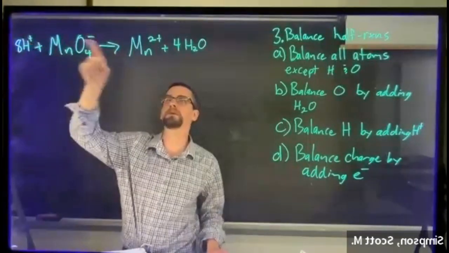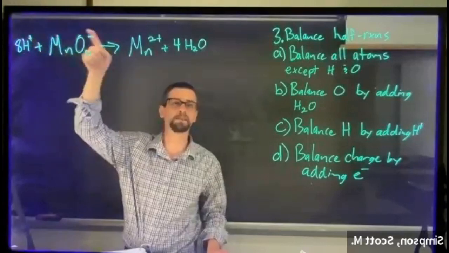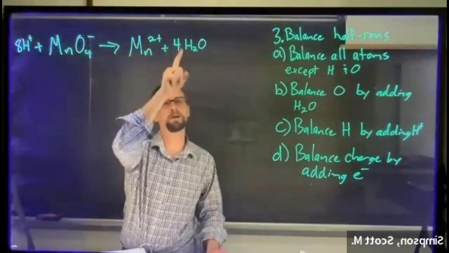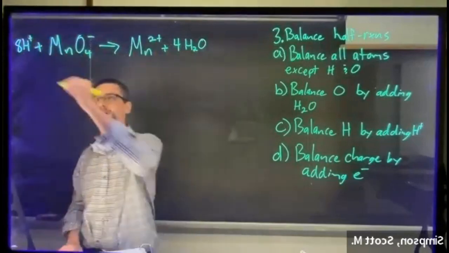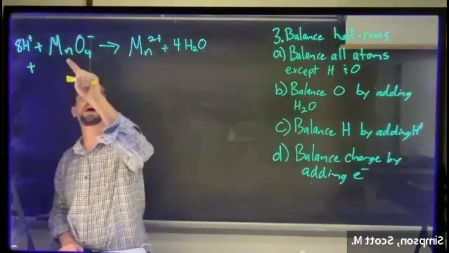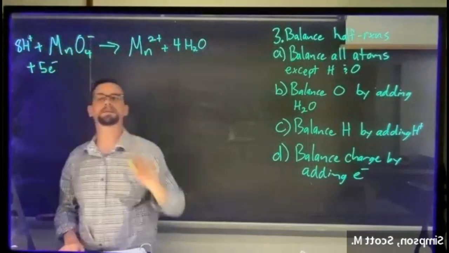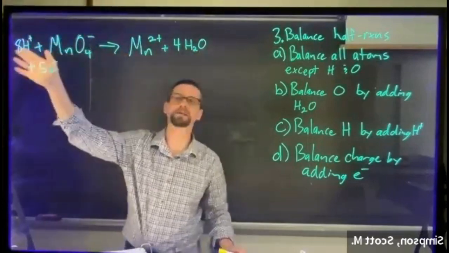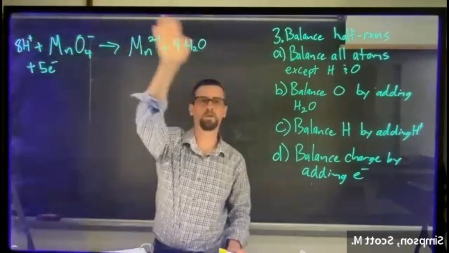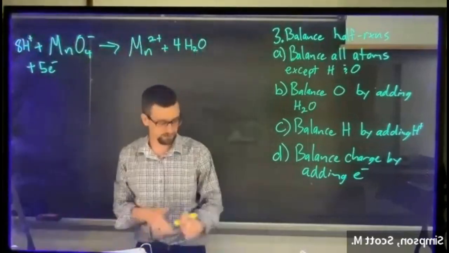The other thing is if you look at the total charge along here, we have +8 minus 1, it's a +7. On this side, we have a +2. So we've got to introduce electrons to make sure that charge is conserved. In order to do that, we have to add 5 electrons to this side. Our charge is conserved. Overall, we get a +2 on this side. Great, so we have our first half reaction.